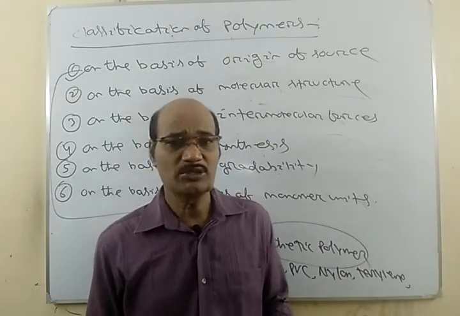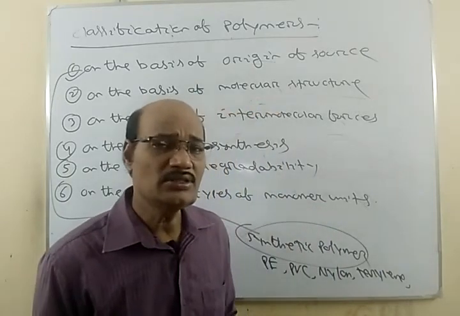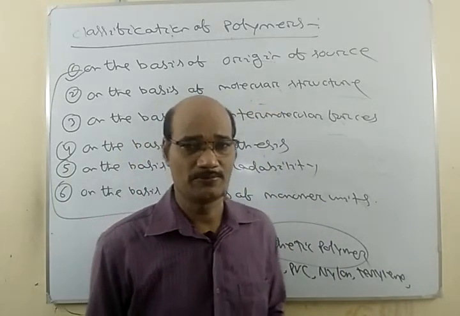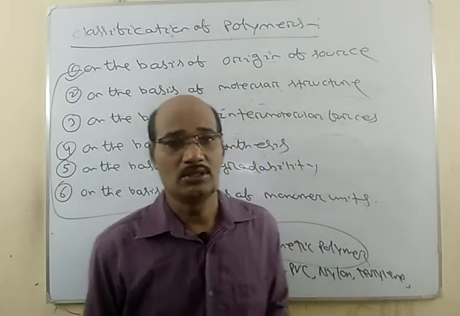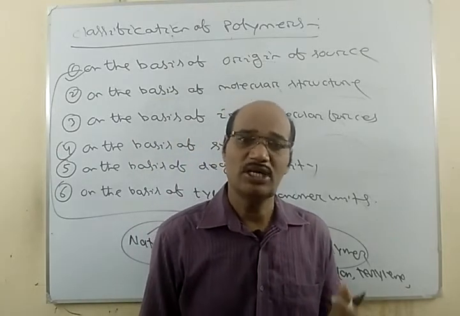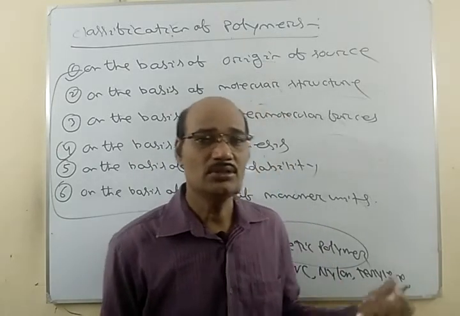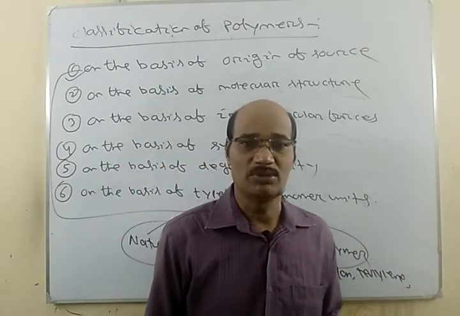For example, silk and cotton are the natural polymers available, but to meet the clothing requirement of human beings, we need some extra materials that we have discovered. Polyester, nylon are the synthetic polymers. Clear?